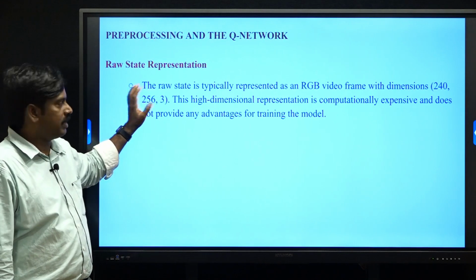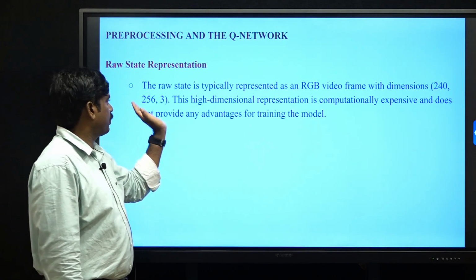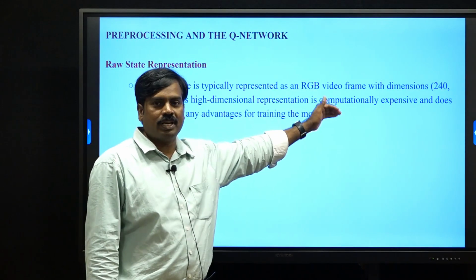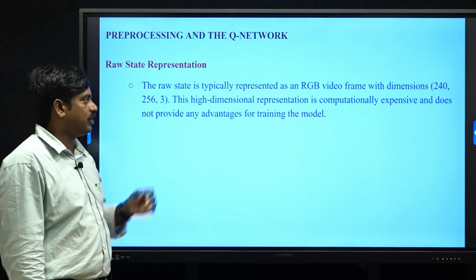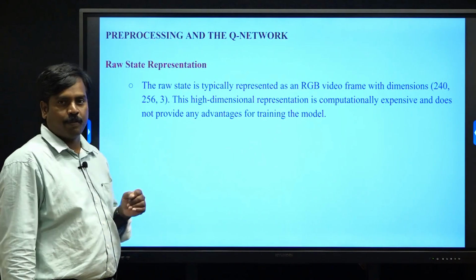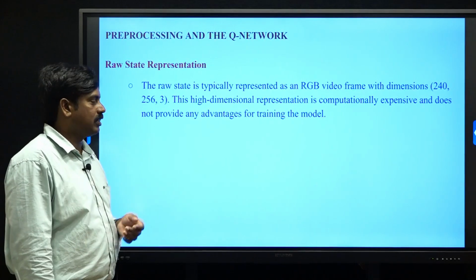This high-dimensional representation is computationally very expensive and does not provide any advantage for training the model. So, we need to apply some pre-processing in order to reduce the computational expense.